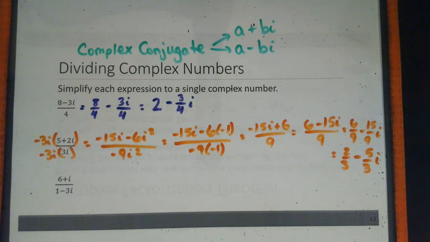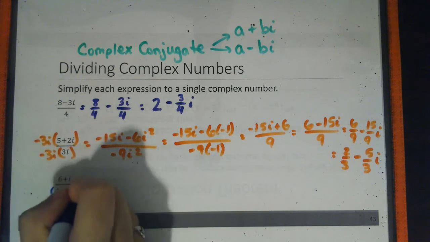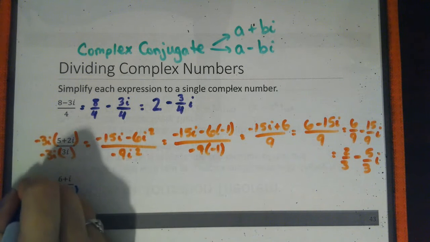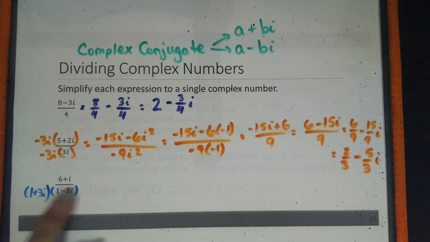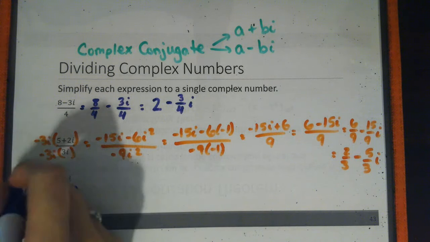Finally, we're looking at 6 plus i over 1 minus 3i. Again, we're going to multiply by the complex conjugate. Right now, we're looking at 1 minus 3i, so the complex conjugate will be 1 plus 3i, because we're just multiplying by the same number, but change the sign on the i term.